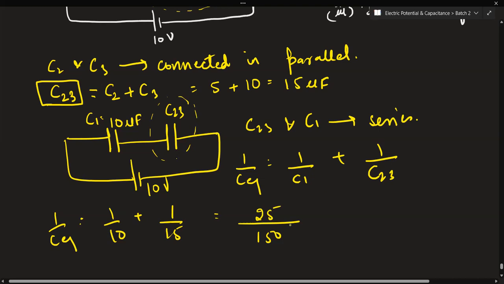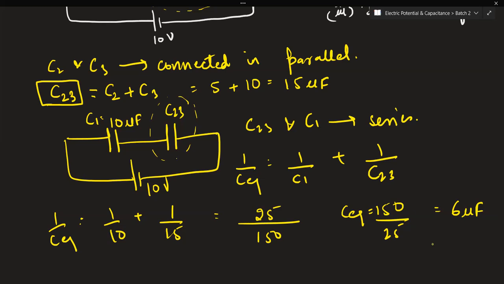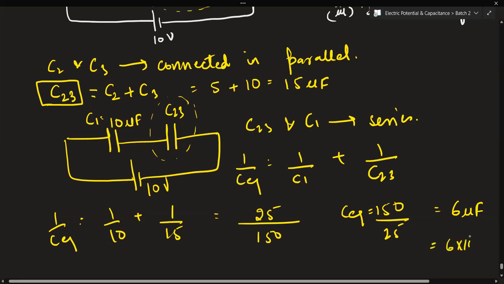Now C equivalent is what? C equivalent will be reciprocal of it. 150 divided by 25 comes out to be 6. The SI unit is farad, but no need to write it. You can leave it in terms of 6 microfarad. If needed, you can then convert it to 6 into 10 to the power minus 6 farad. This is your capacitance, the answer for the first part.